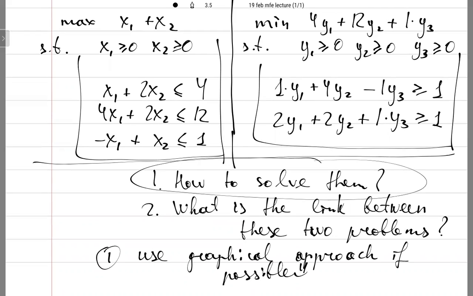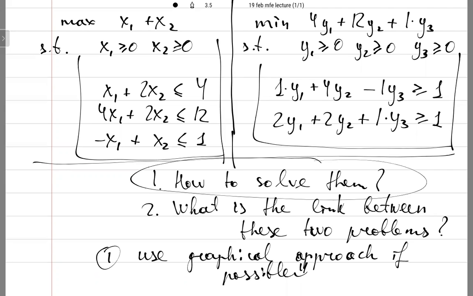If it's not possible, for example, it would be difficult to use the graphical approach for the second problem because I have three variables. For three variables, I need to draw in 3 dimensions, and it's not so obvious how to draw in 3 dimensions.